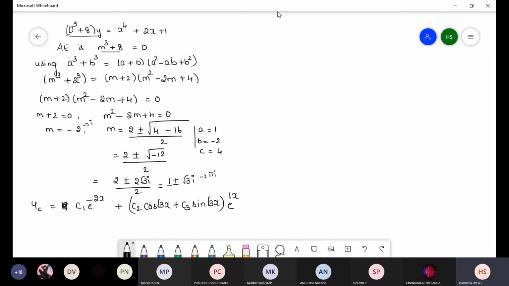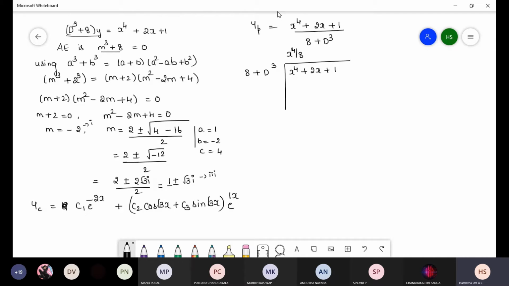Next we have to see the yp. So what is our yp here? yp is equal to x power 4 plus 2x plus 1 divided by 8 plus d cube. So I write here x power 4 plus 2x plus 1, here 8 plus d cube. To get x power 4, we have to multiply 8 with x power 4 divided by 8.